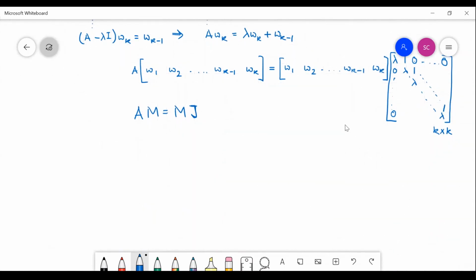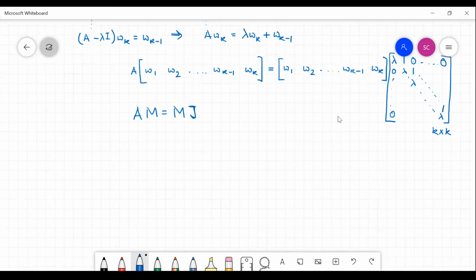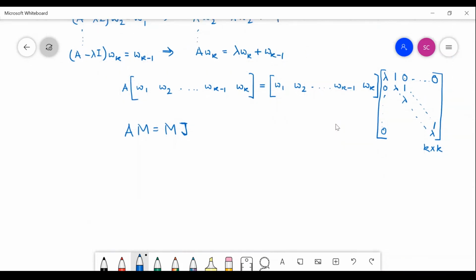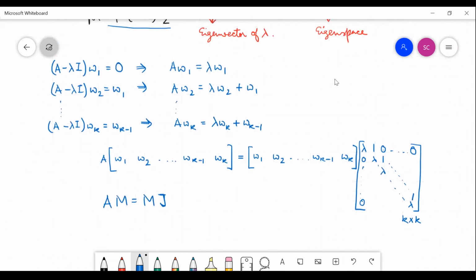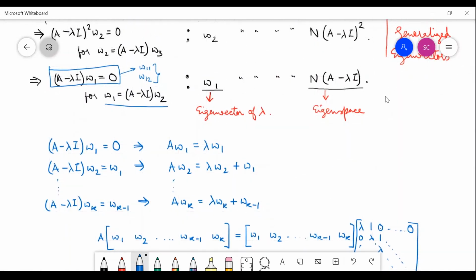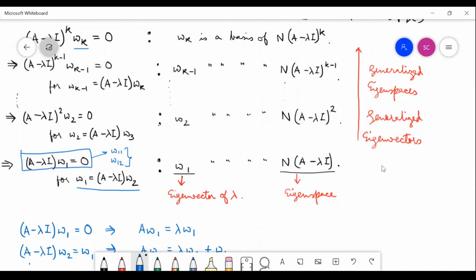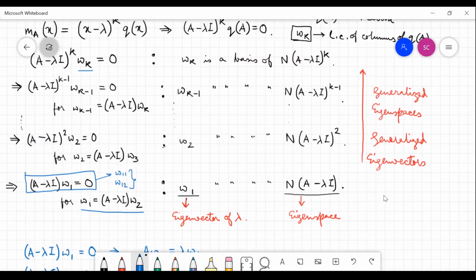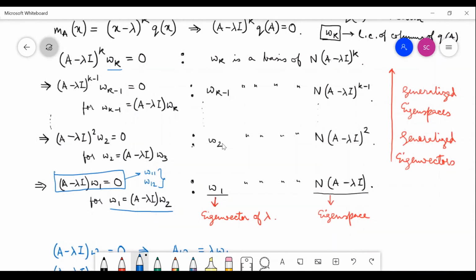Now you notice this fact, that omega i in this series of vectors is a new basis of this eigenspace.